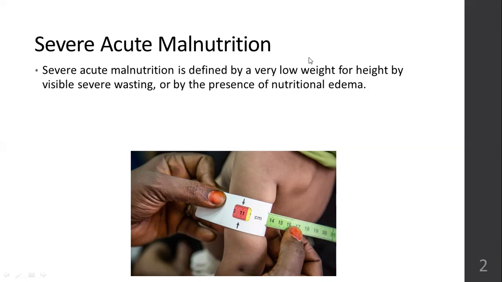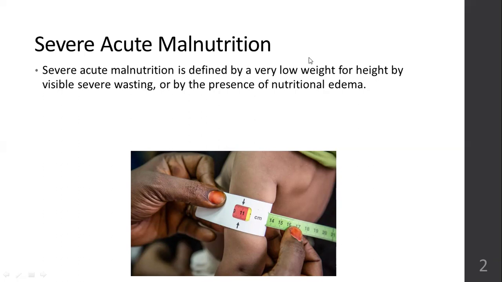And there are some situations, a type of severe acute malnutrition in which you will see both of these signs and symptoms. We will discuss that in detail in the coming slides. Even according to WHO, World Health Organization, in children below 5 years of age, severe acute malnutrition is defined by very low weight for height.